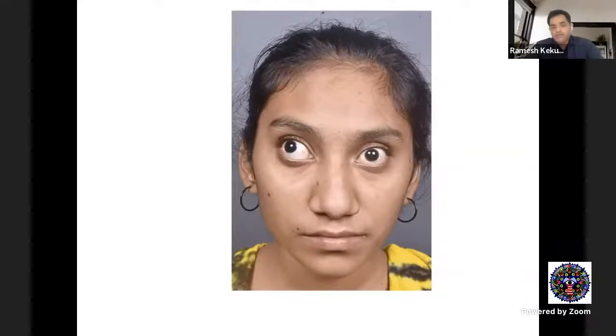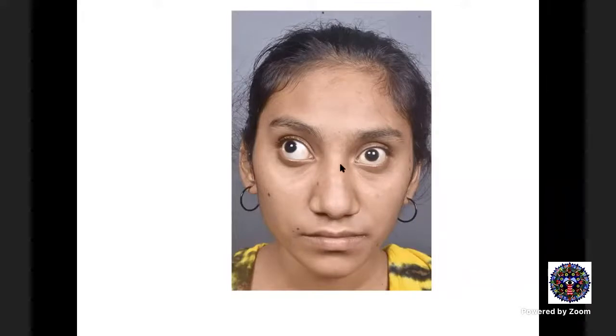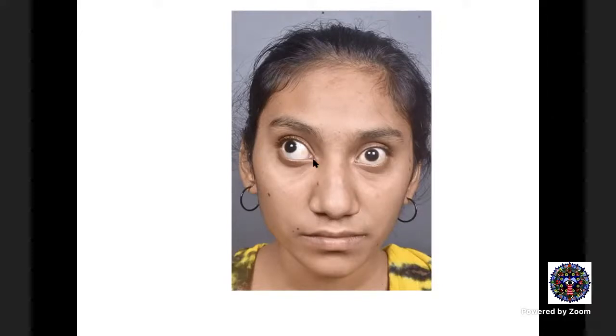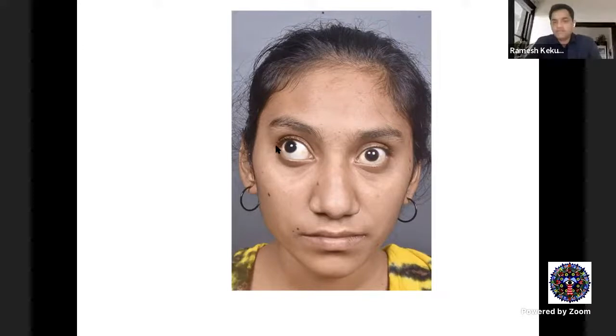This patient, what you can see immediately is this side going outward, and also there is upward movement of this side. This is the way she looks. But if you look carefully, what else is there? Look at the position of the medial canthus. Look at the position of the lateral canthus.